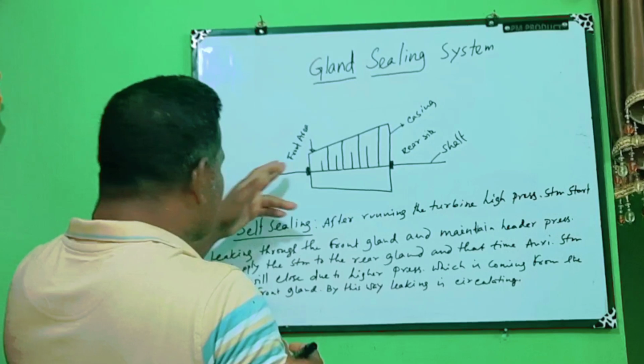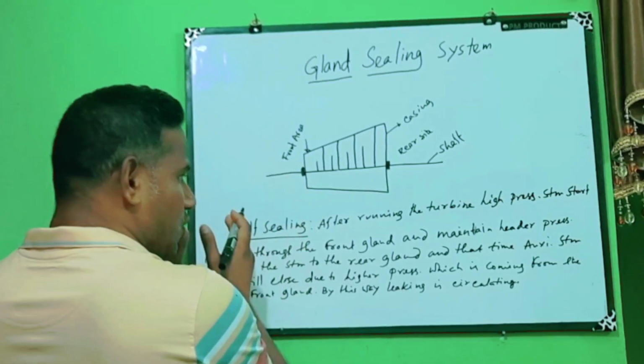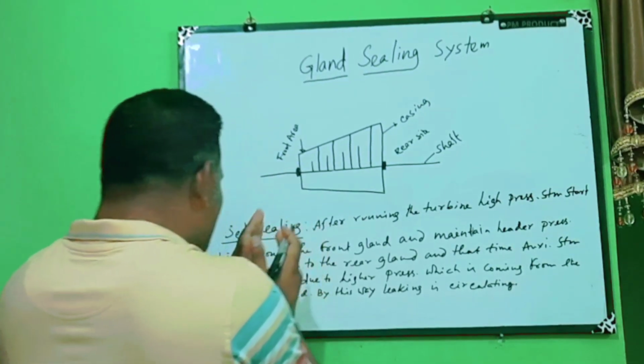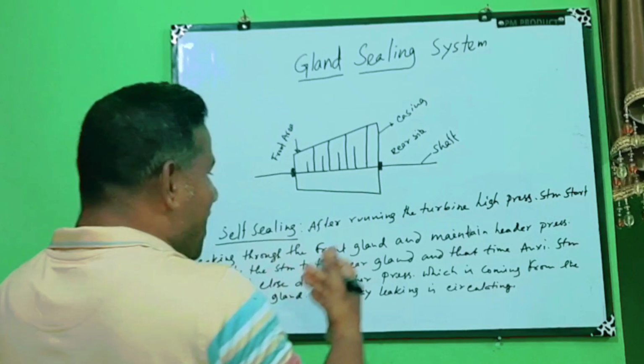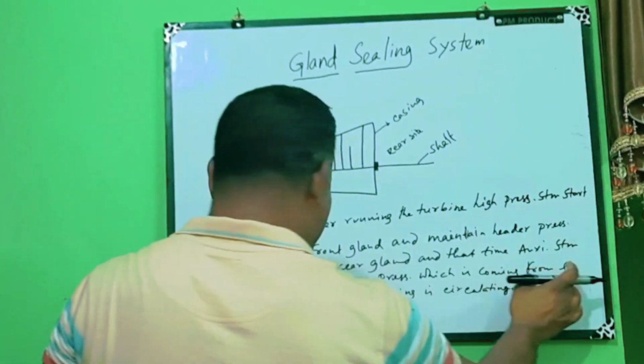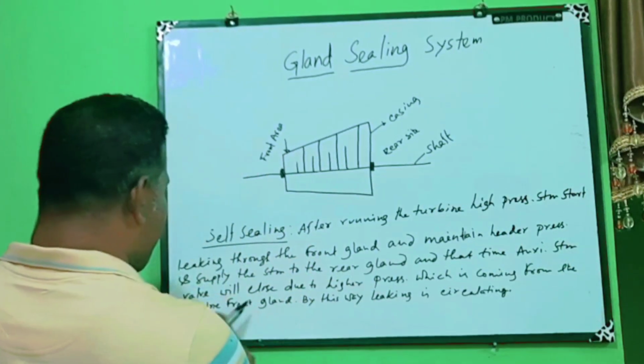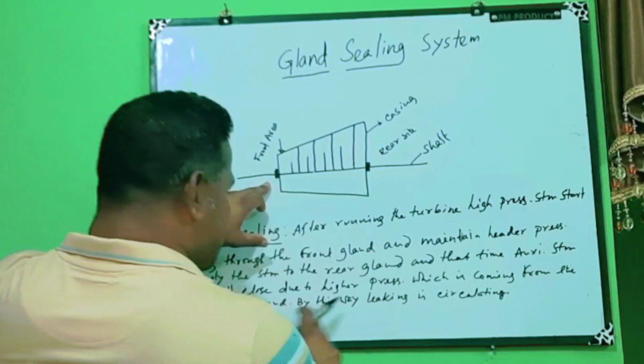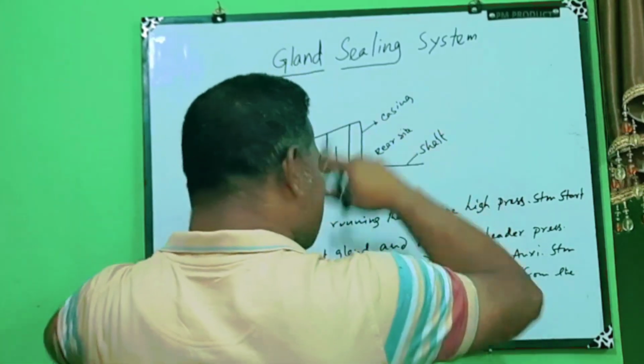Why will it close? Because this side is high pressure and this side is low pressure. So this control valve will be closed due to the higher pressure coming from the turbine front gland. In this way the leakage is circulating.